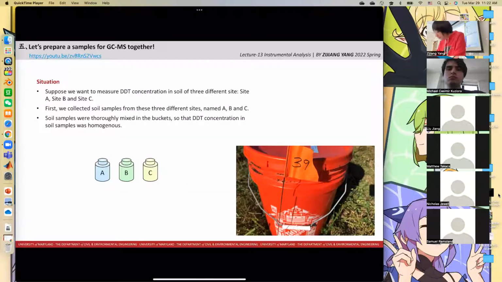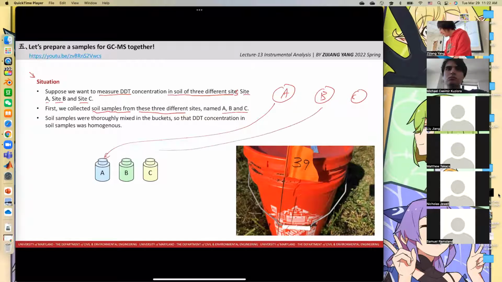So let's suppose we want to measure the DDT concentration in soil of 3 different sites, like site A, site B, and site C. First, we collect soil samples from these 3 different sites, and we can name them A, B, C. Then the soil samples were thoroughly mixed in a bucket so that the DDT concentration in the soil sample was homogeneous.